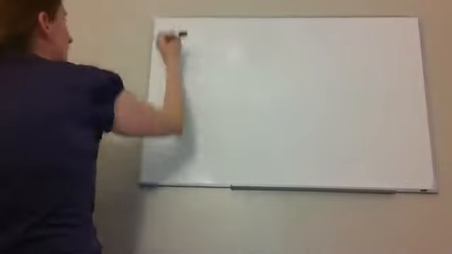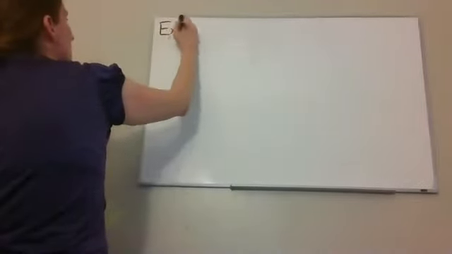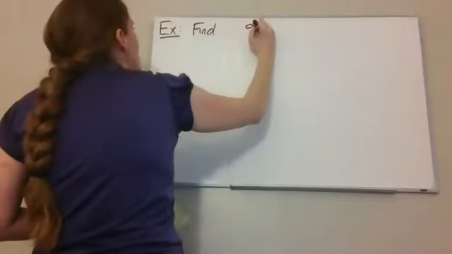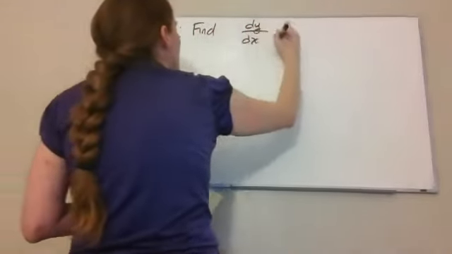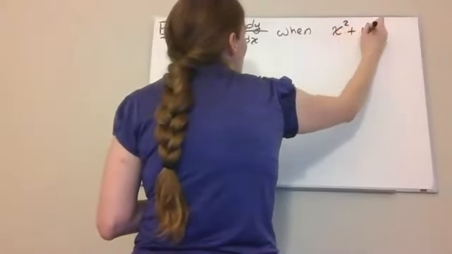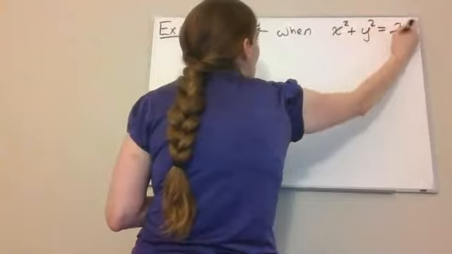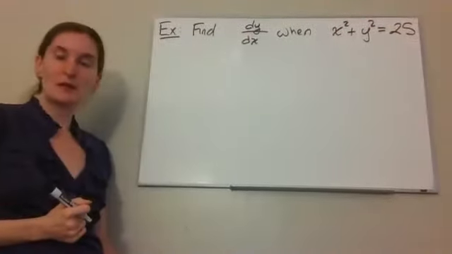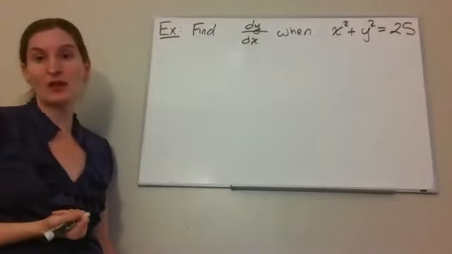So first, we're going to find dy dx when x squared plus y squared is equal to 25. So that equation, x squared plus y squared equals 25, is an equation of a circle.